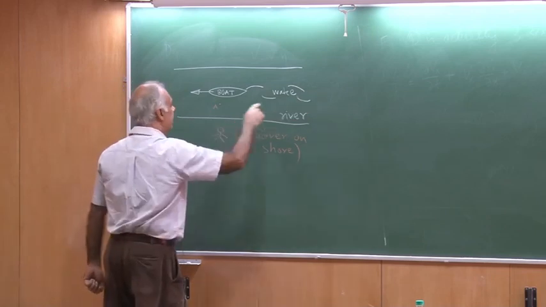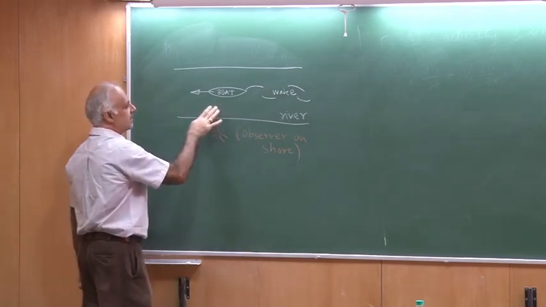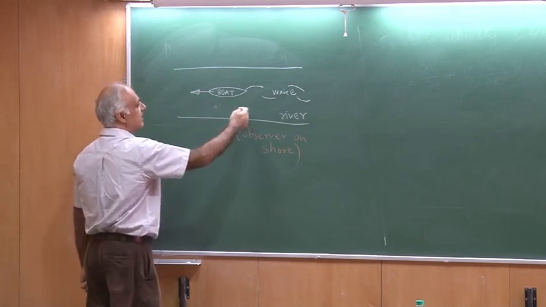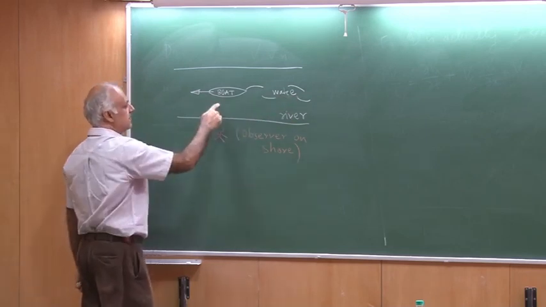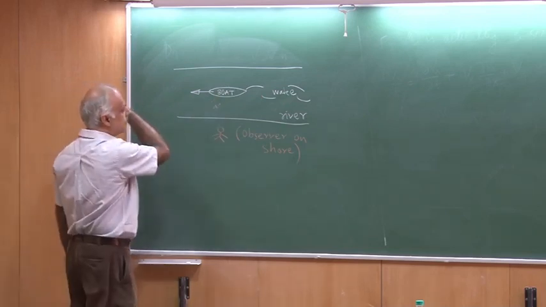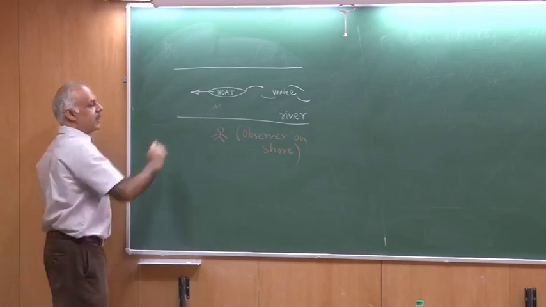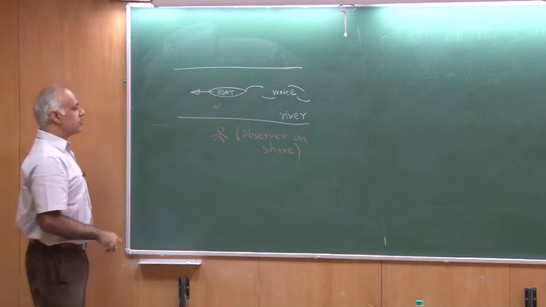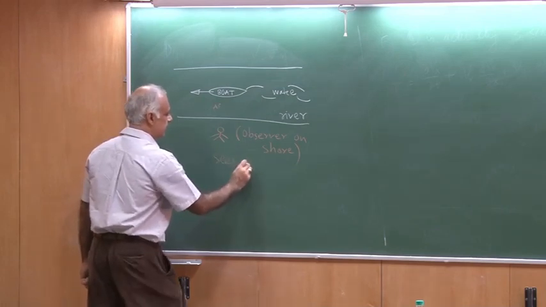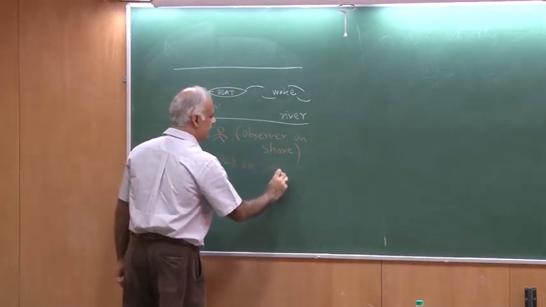So, when the boat is far away, then the river is still, so I do not record any speed, or maybe it is a lake, and when the boat approaches me, then the speed here starts increasing, and then finally when the boat has gone away, again my speed goes to 0. Okay. So, the observer on the shore actually sees an unsteady flow.